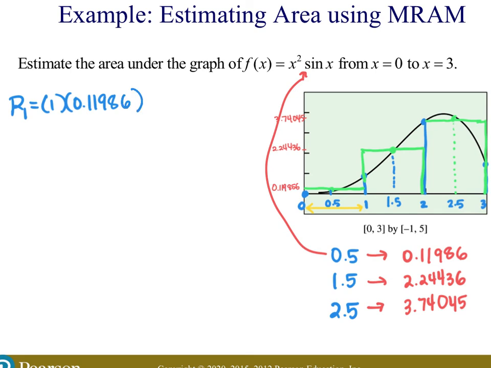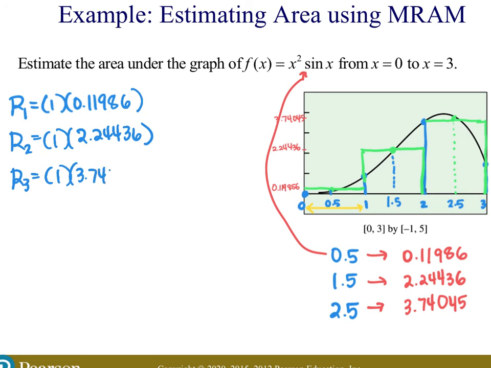And then number 2, the base of that is 1, where the height of that is 2.24436, then rectangle 3, base is still 1, height is 3.74045. All right, let's add these up to get our MRAM values.